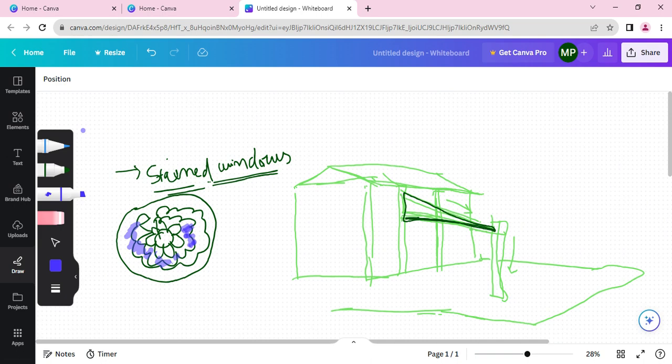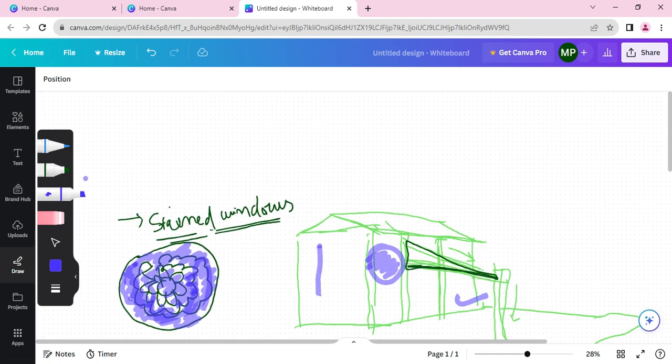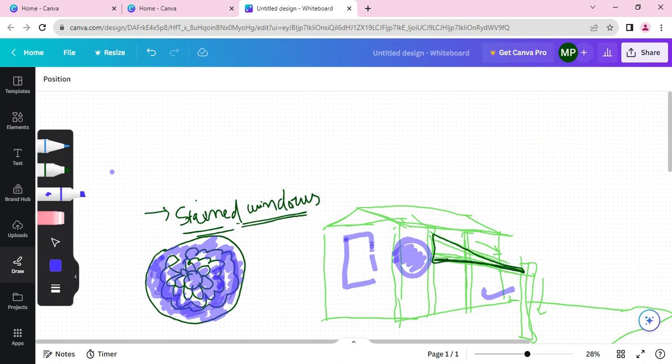Consider this is all blue colored. These are the stained glass windows. Along with structural systems like flying buttresses, pointed arches, and ribbed vaults, they helped in thinner walls with larger openings. These larger openings are filled with stained glass windows, so that much light enters the cathedrals.